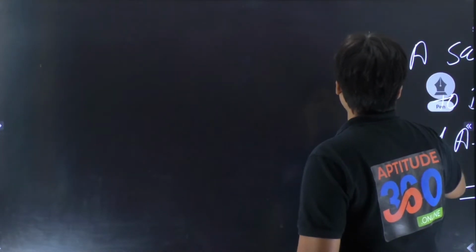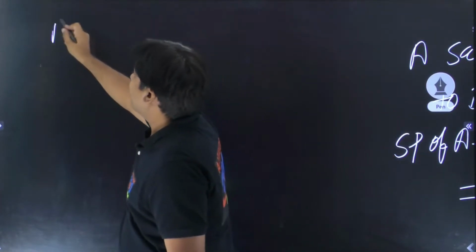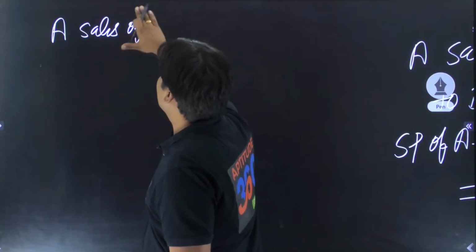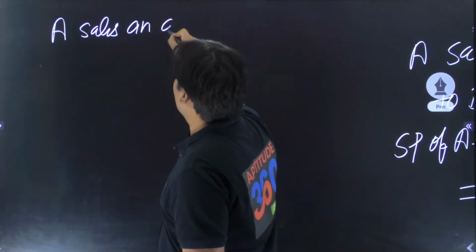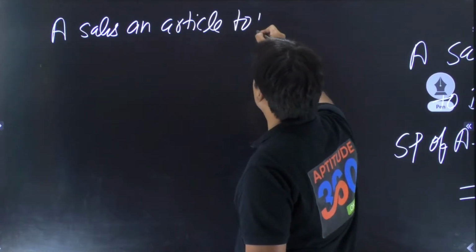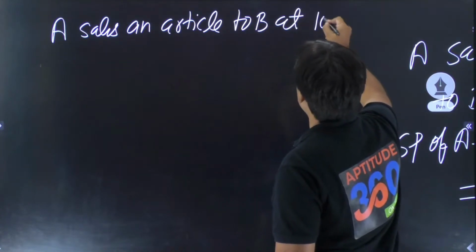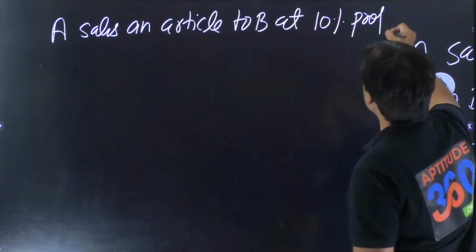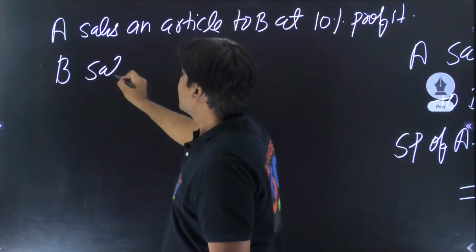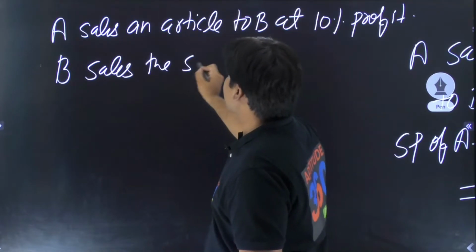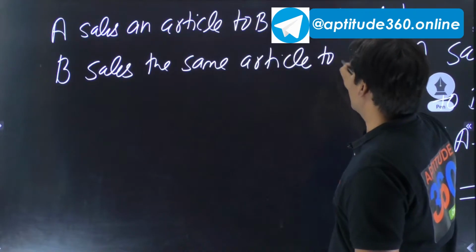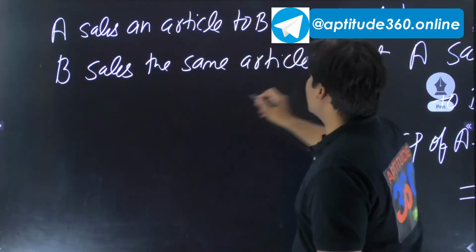And I'm just adding one more step, and I say that A sells an article to B at 10% profit, and B sells the same article to C at 20% profit.